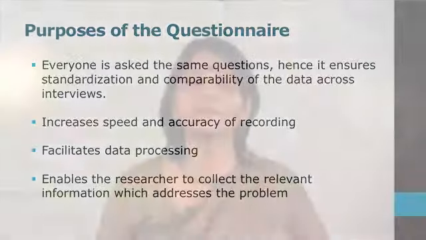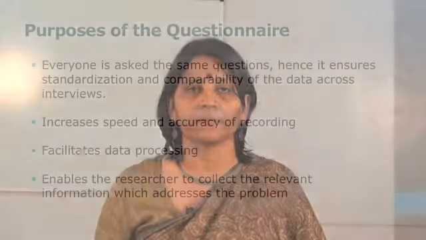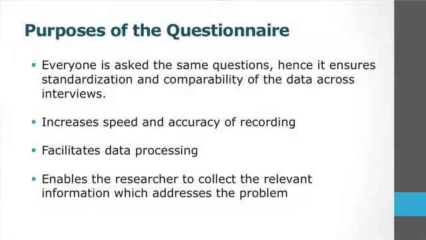In the sense that when I'm interviewing or giving a questionnaire to somebody, I may want to give it to all the housewives. So the data that I get from all the housewives will then be comparable. It increases the speed and accuracy of recording, because if I go and interview each and every person, it will take a lot of time.